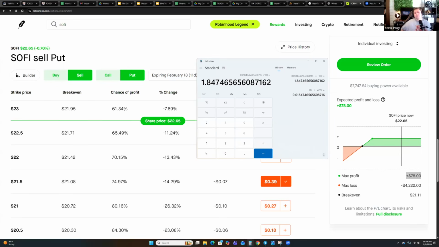So that's the goal: you want to be making about 4% a month in premium. That's usually where I want to be. And then when I get assigned eventually, you want the potential for appreciation on that stock as it eventually goes up.